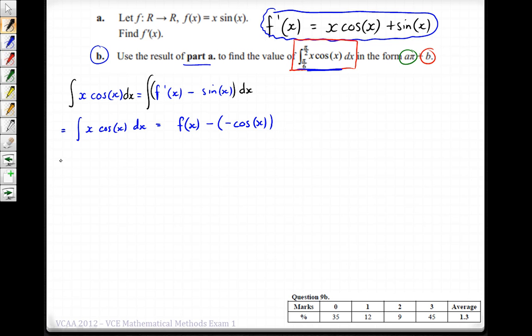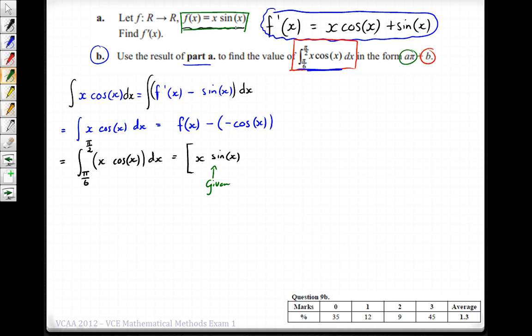So neaten this up, and we'll pop in our domain. So the integral from pi on 6 to pi on 2 of x cos x dx is going to equal, so f of x we were given as being x sine x. So we can substitute that in. I haven't pulled that from anywhere. That was given to us right up here. That's nothing special.